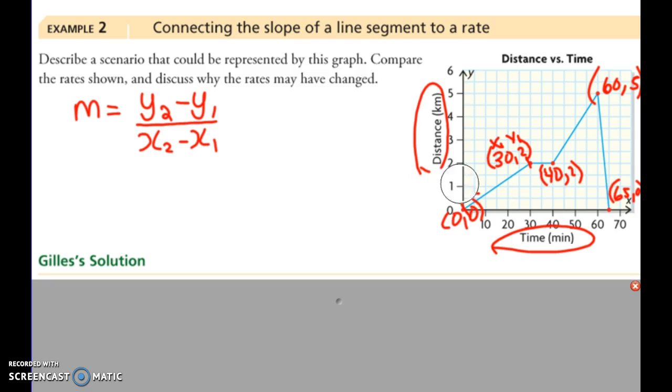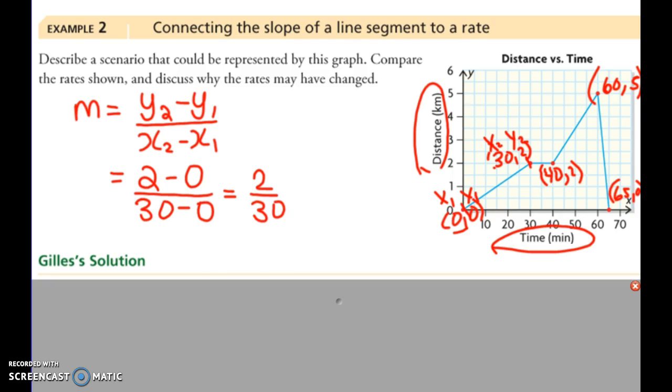Let's put it in order since this is the first point. We will change these to x1, y1, x2, y2. So they will be organized as 2 over 30, which means we're going 2/30 of a kilometer per minute, because this is in kilometers and this is in minutes.